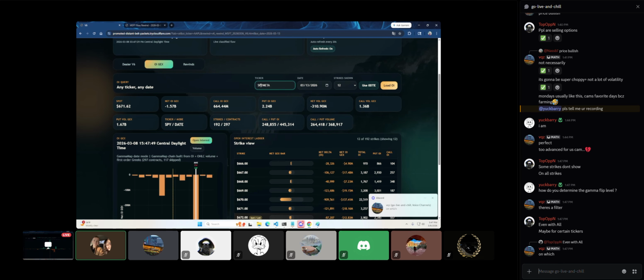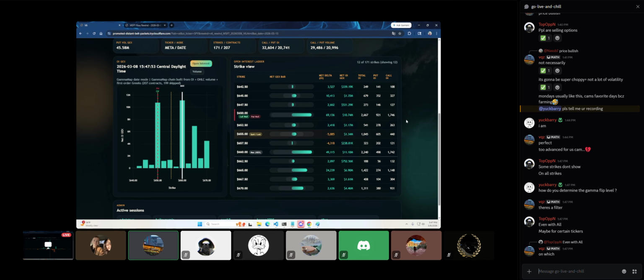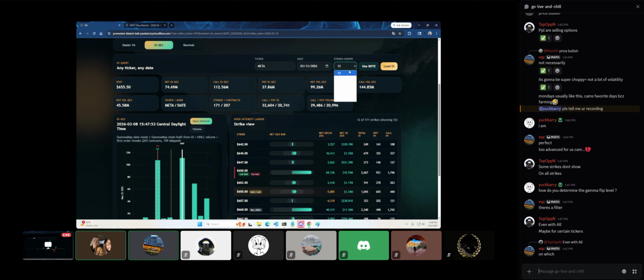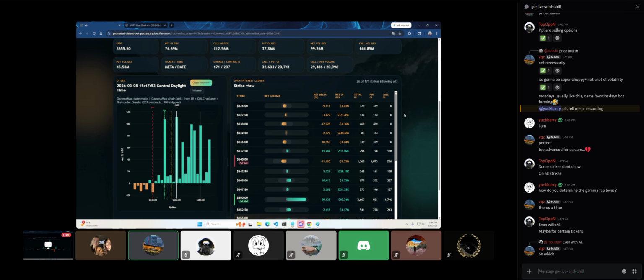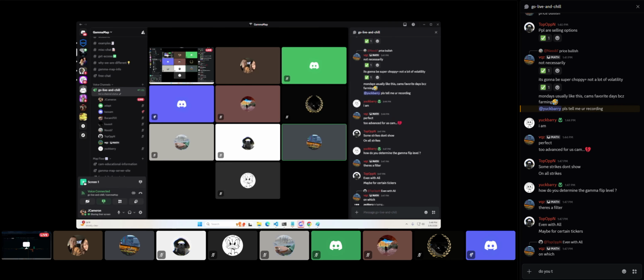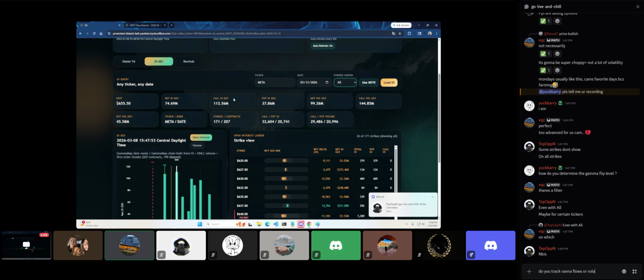Yeah, you can use this for META. Cam, so META, he's saying some strikes don't show on certain tickers even when he puts the filter on. Can you tell us which ticker? Yeah, which ticker are you experiencing this with? NBIS.